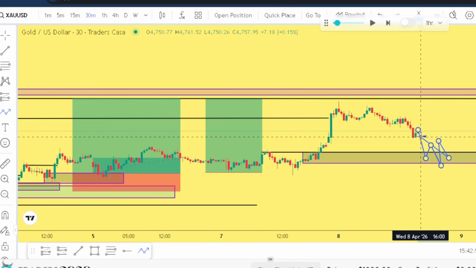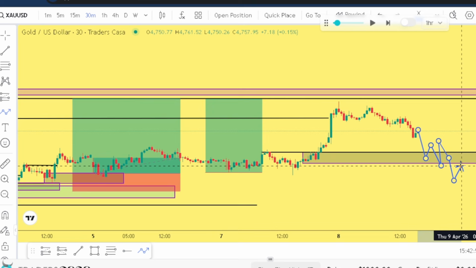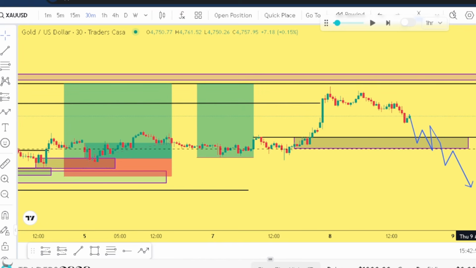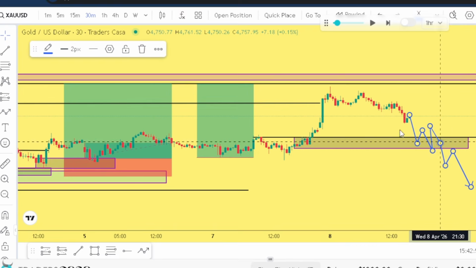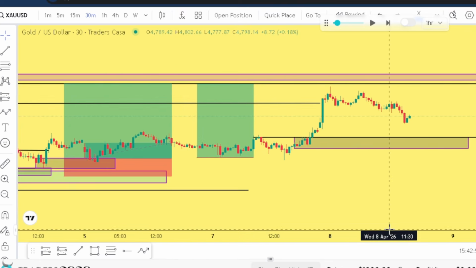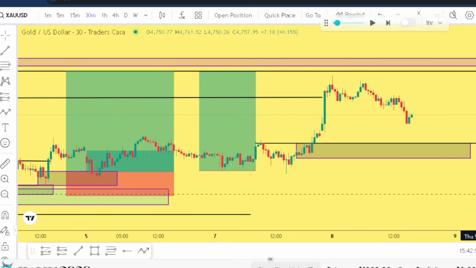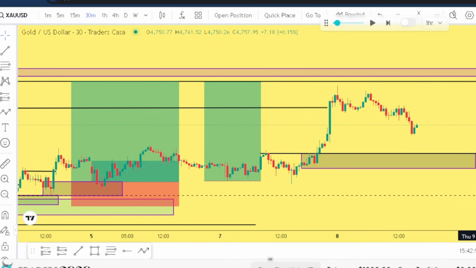That is my anticipation. But if we get a break below this zone, then I'll be taking sells, okay? It is that simple. You only react to what the market is doing. Never ever force the market to do what you want, okay? Don't force the market to sell because you want to sell at that particular moment. You just react to what the market is doing.